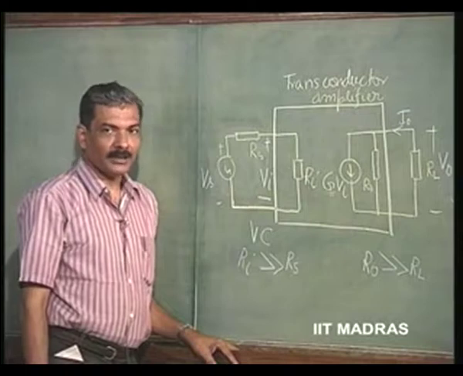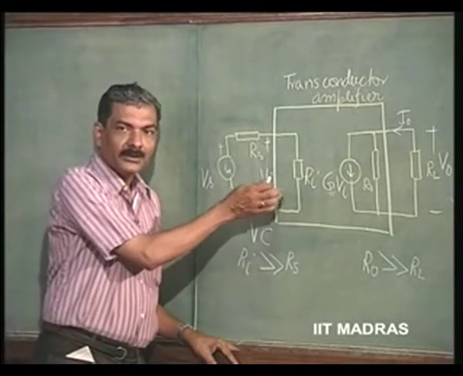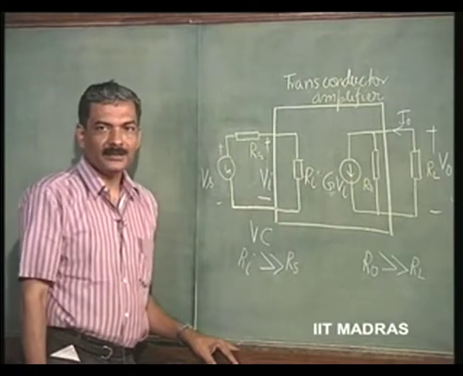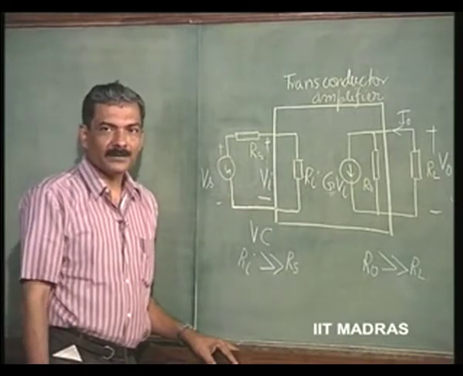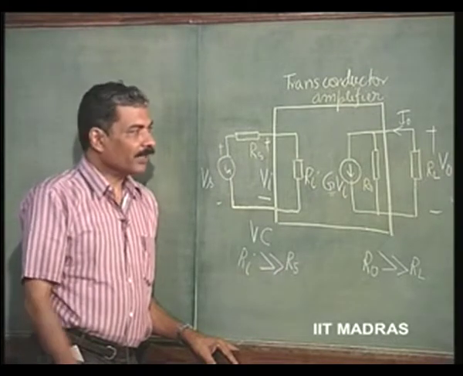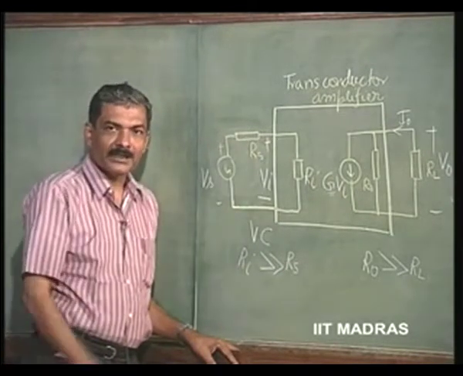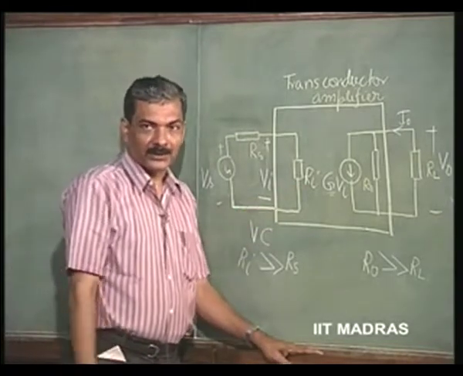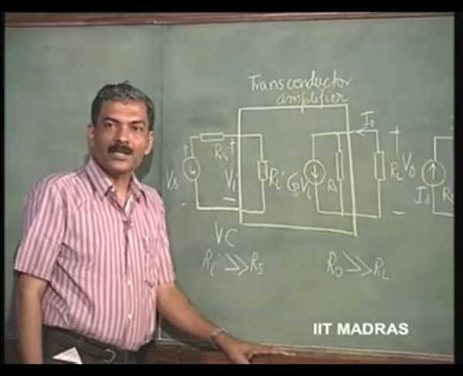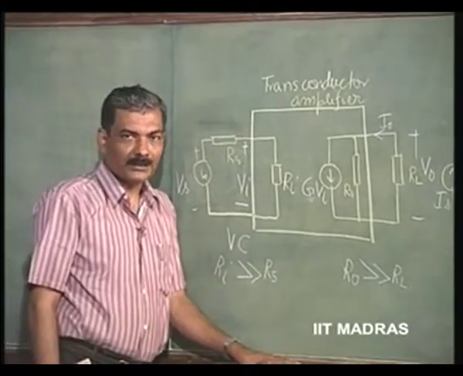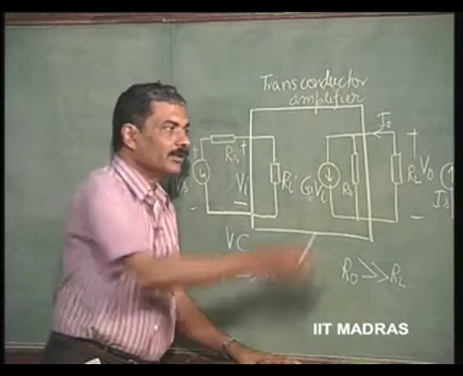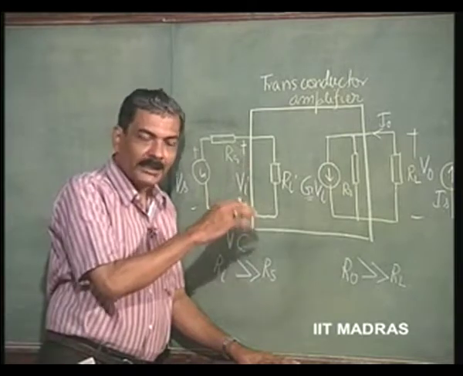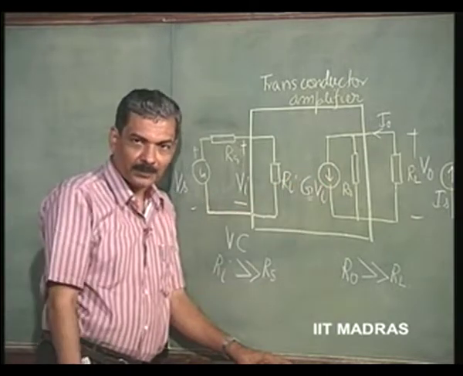A common emitter can be pretty close to this amplifier, where Ri is not really infinity, Ri is maybe of the order of tens of kilo ohms, and therefore, for source resistance of the order of kilo ohms, it can still be considered as voltage controlled, and it is strictly speaking a good current source, where R naught is of the order of hundreds of kilo ohms for BJTs, bipolar junction transistors. So, for load resistances which are typically of the order of tens of kilo ohms, the BJT can still be considered as a current source output.